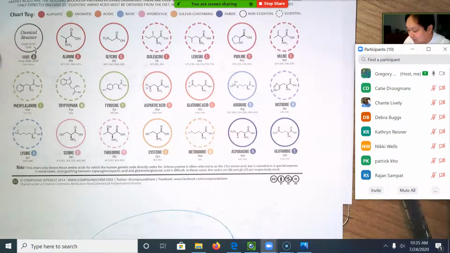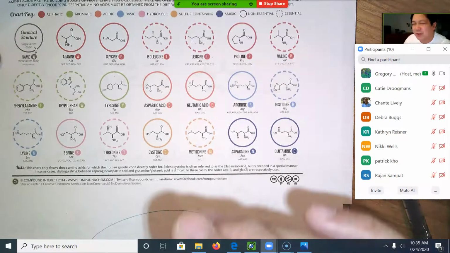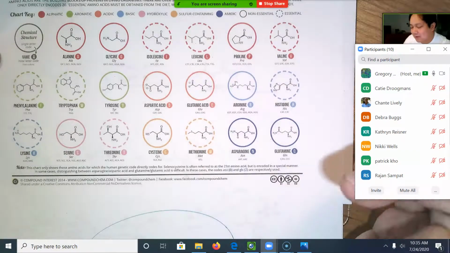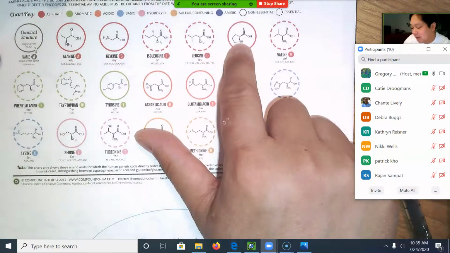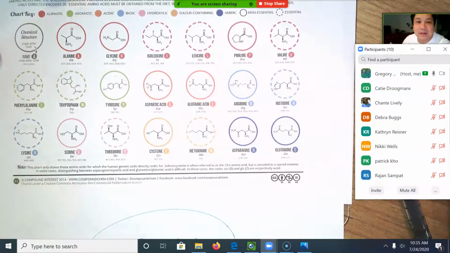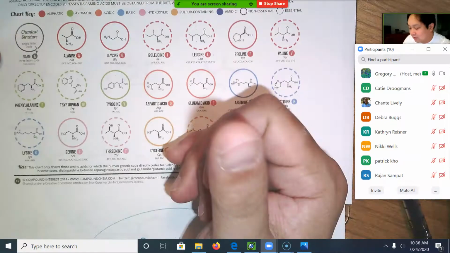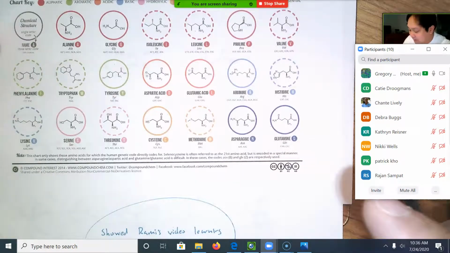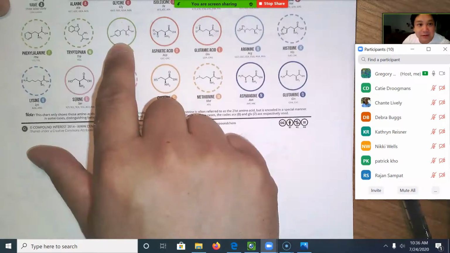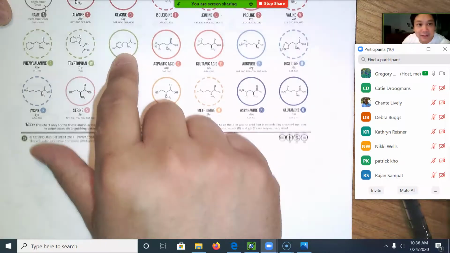Some weird ones that I can't visualize how to make from a Strecker synthesis, like this proline, because your amine is now within a ring. Okay? But what is the trick? The trick is you look at your amino acid that you want to make. For instance, let's take tyrosine. So tiny.